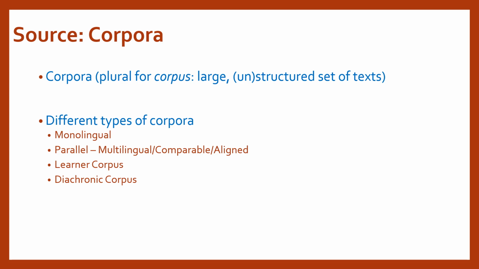The content is expected to be very similar and can be compared. However, they are not translations of each other. They are not matched or aligned. You can think of Wikipedia articles on a particular topic in different languages. That is a good example of comparable corpora.